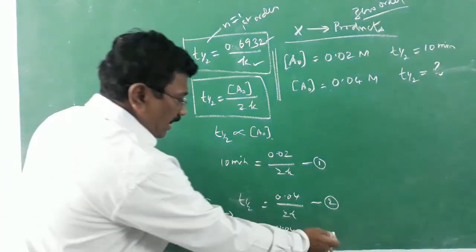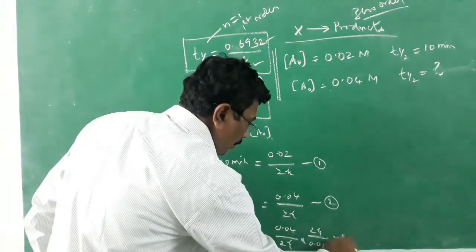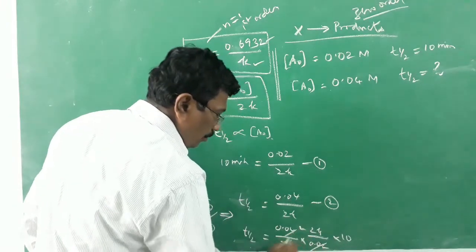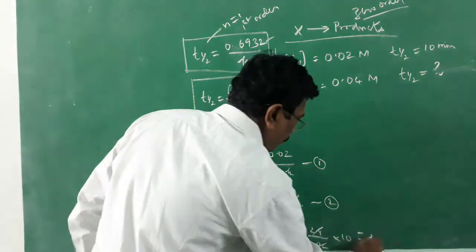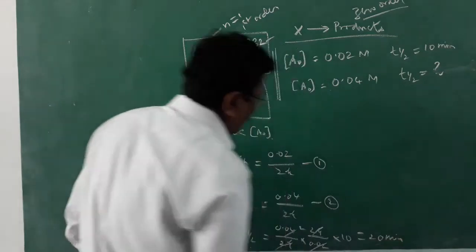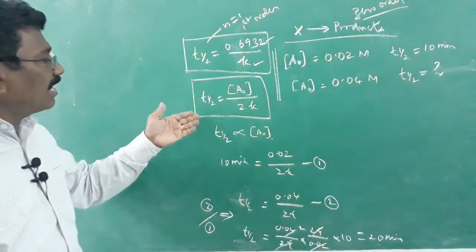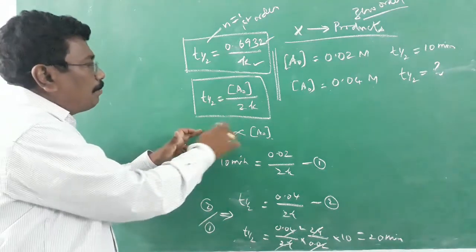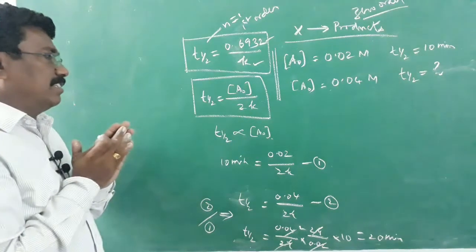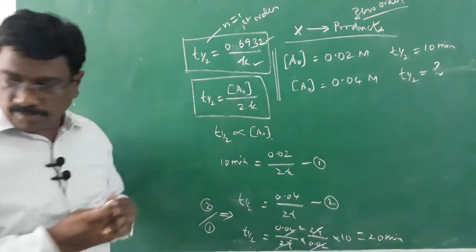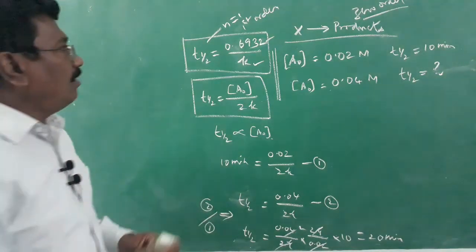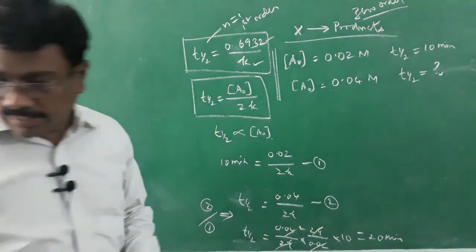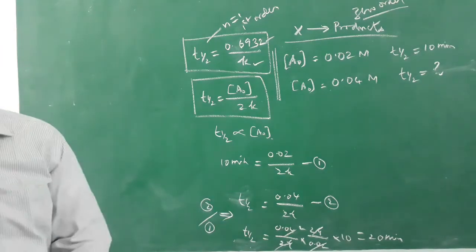When the 10 is taken over there, 2K get cancelled, T half is 20 minutes. So I can solve the sum like this, or else I can easily say T half is equal to A naught by 2K. It is nothing but T half is directly proportional to initial concentration because K is a constant. Alright. So this is how we can solve the second sum. 20 minutes is the answer.